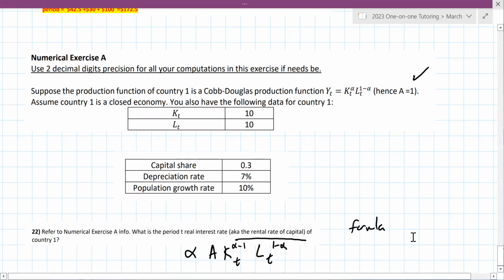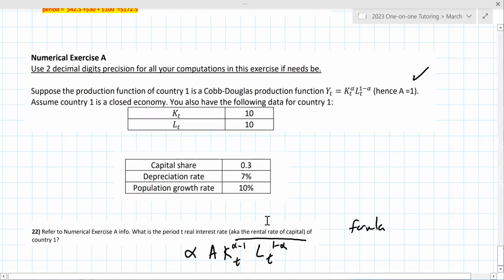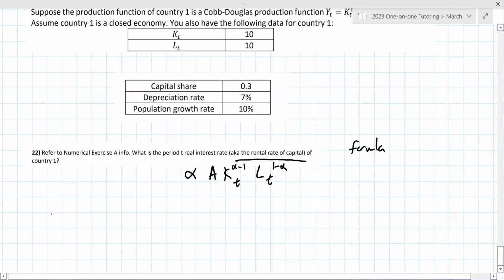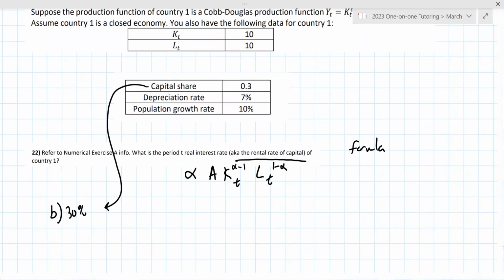Okay, so the answer to this one is 30%, which feels strongly like it is the rental rate. But I don't know why. I don't understand that. If it's the rental rate of capital, the capital share of... I don't think it can be that simple of just being that number.